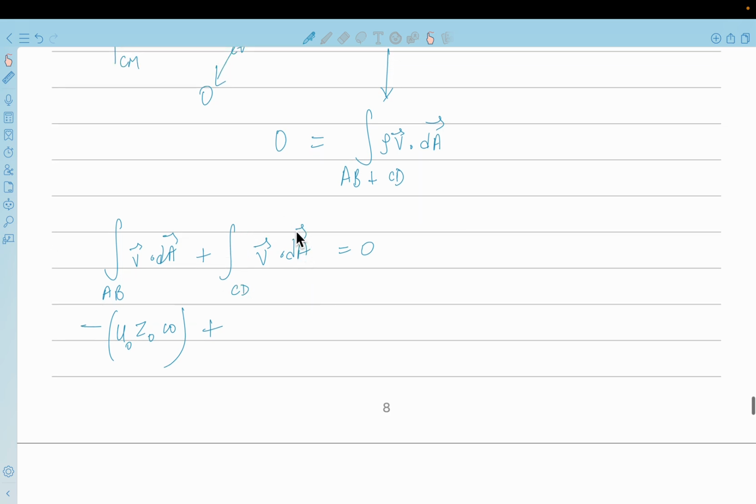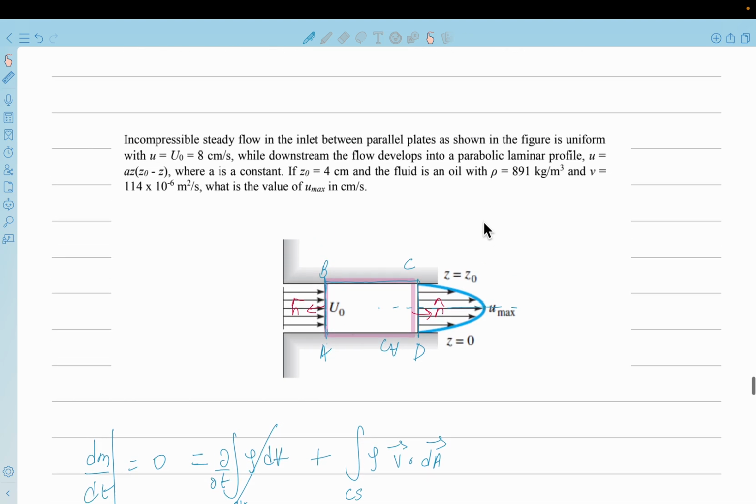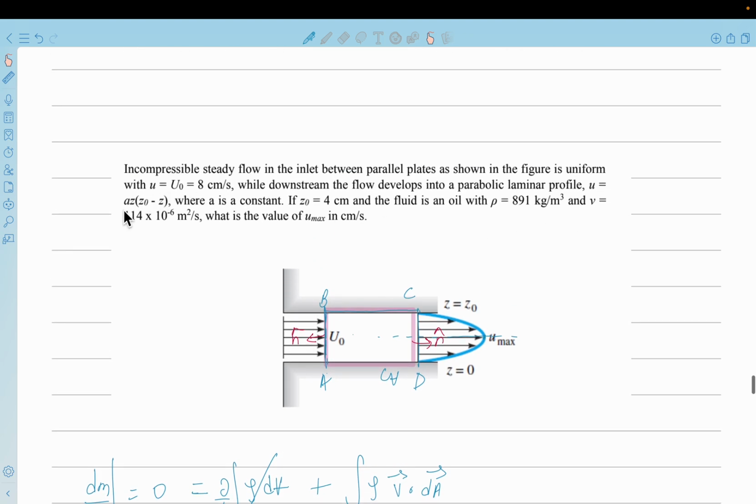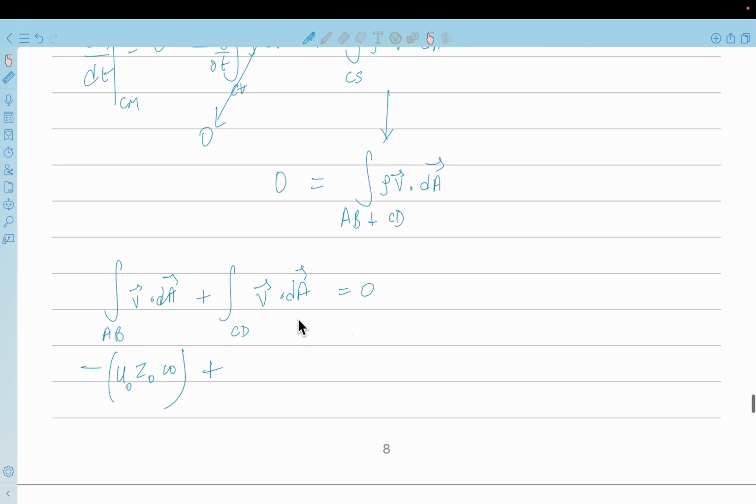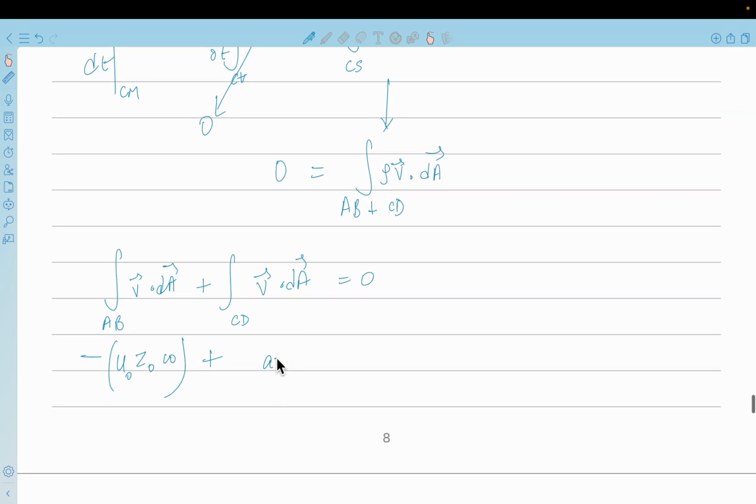And what about this integral? We have now a parabolic profile, right? So the velocity is given as az into z naught minus z. Let me write this velocity here, az into z naught minus z, into, so dot n cap, that is going to give me positive 1.